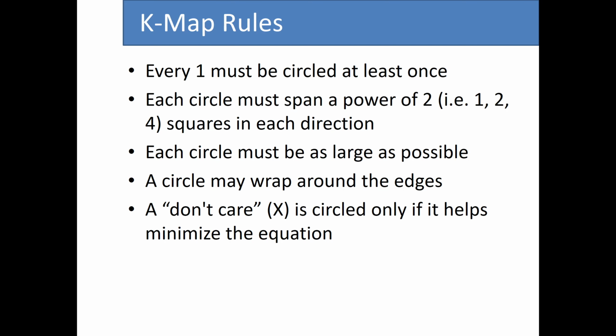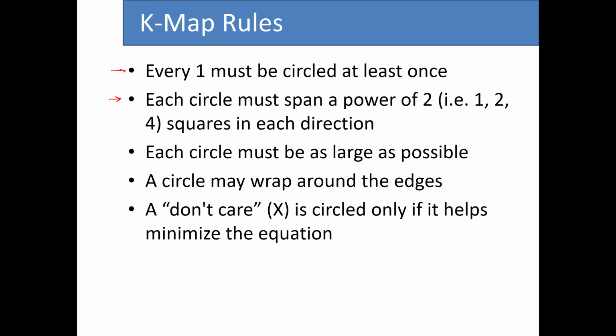So now, based on this, we have the general rules for Karnaugh maps. The first rule is that every one that you have for your function must be circled at least once. The second rule says that each circle must span a power of 2.